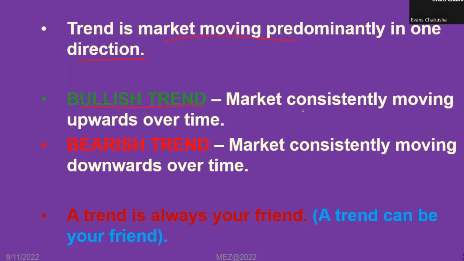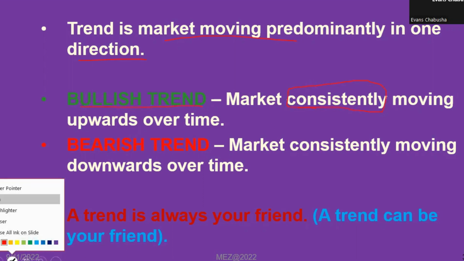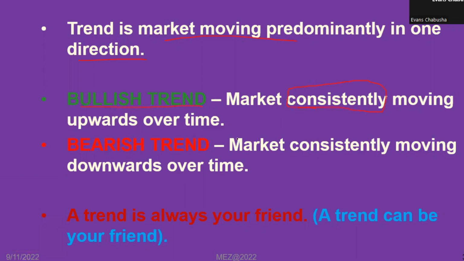So when the market is consistently, okay, this is the keyword here, when the market is consistently moving in an upward direction, we'll call that a bullish trend. When a market is moving in a downward direction, consistently also, we'll call that a bearish trend.